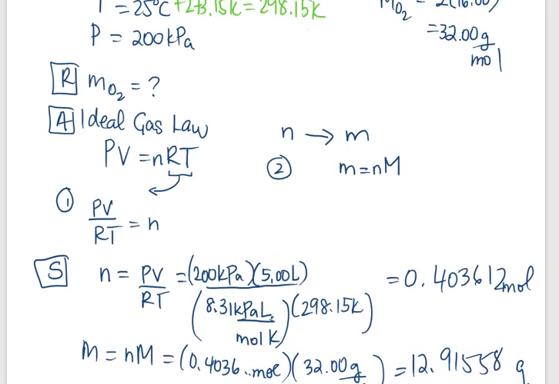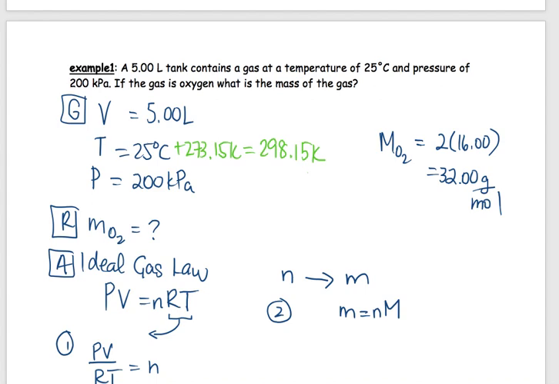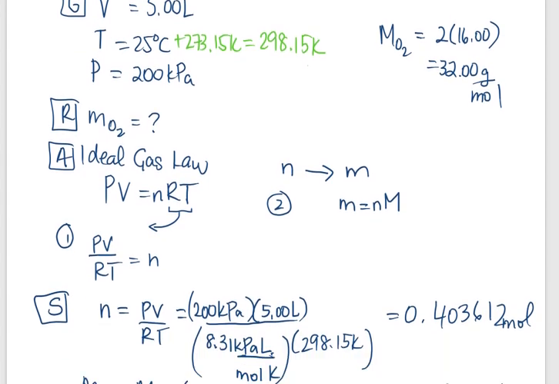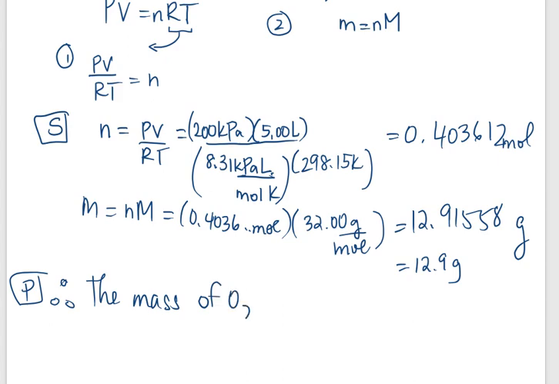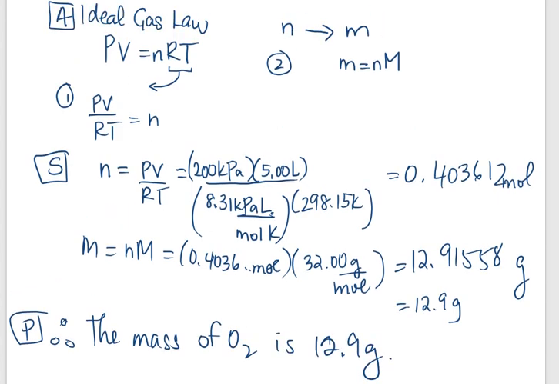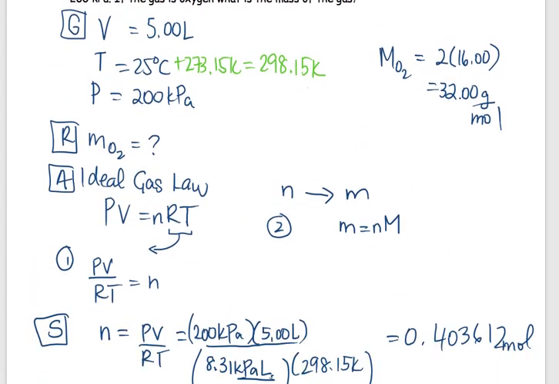So if we want to go through and look at the sig figs here, we have 3 here, 2 there, 3 there, so 2, 12.9 grams. Okay, and therefore the mass of oxygen is 12.9 grams. So there, you've used your first ideal gas law.